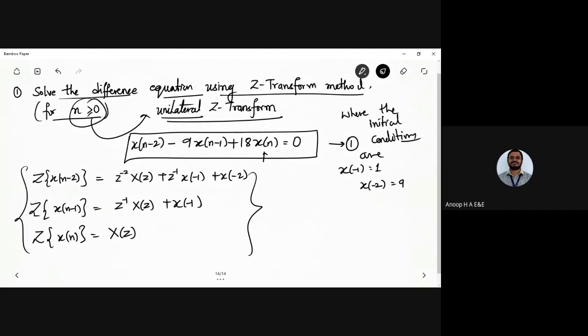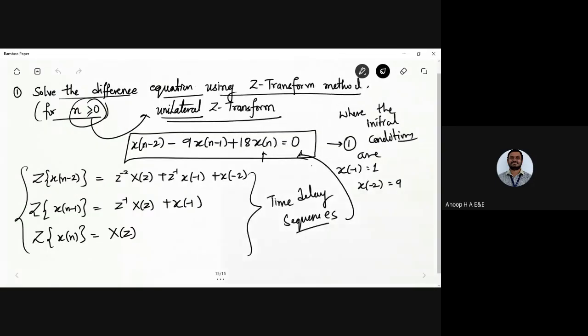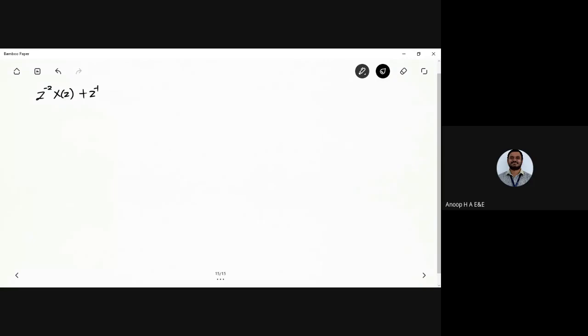These are said to be the time delay sequences, which can be used in equation 1 here. Okay, so x(n-2) would be z to the power minus 2 X(z) plus z inverse x(-1) plus x(-2).